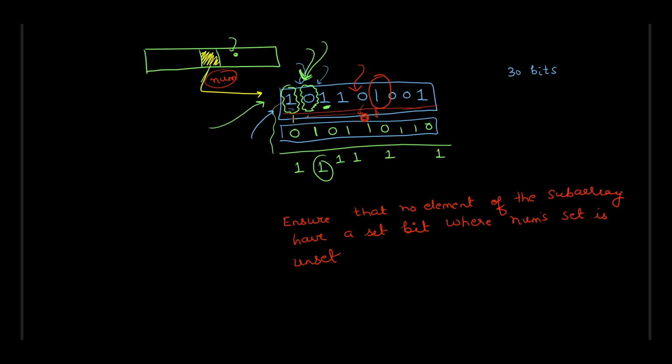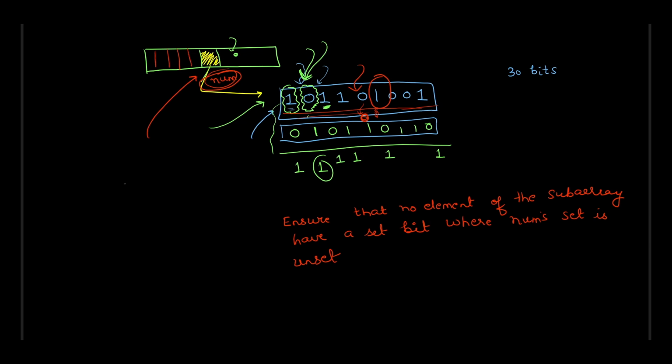It cannot be equal to this number. Okay. So if we can somehow calculate the number of subarrays where this element will be the bitwise OR, and then sum it up over all the elements, then we should have our answer, right?